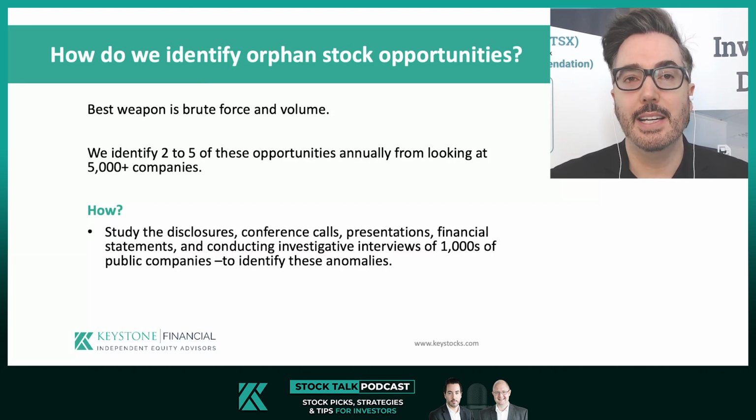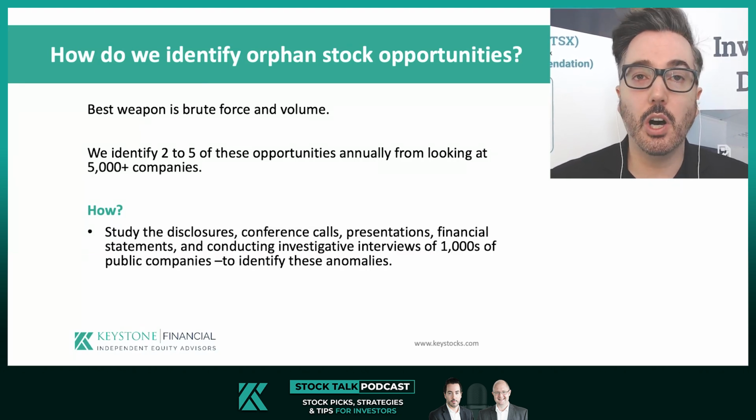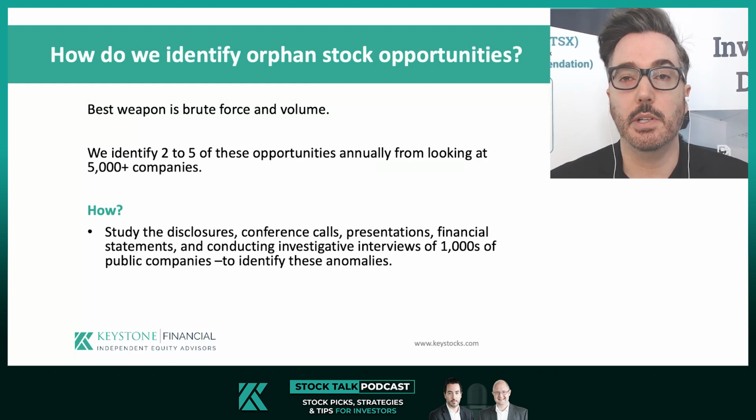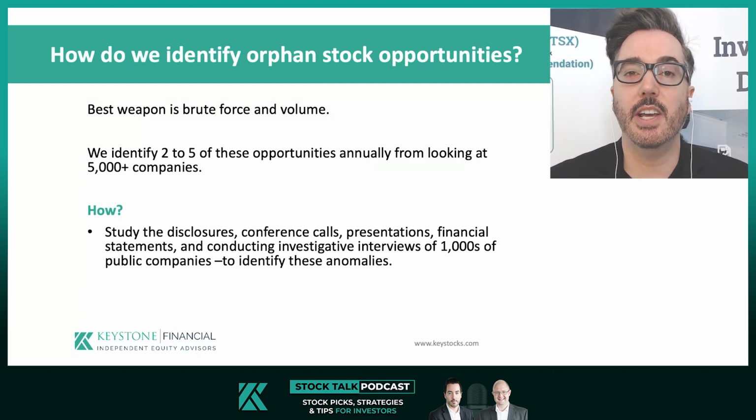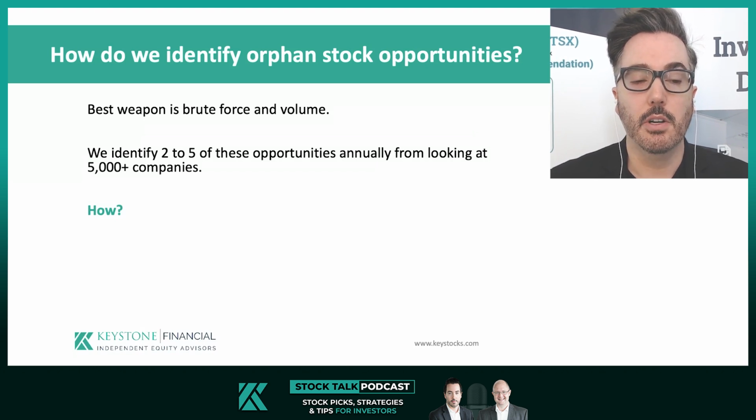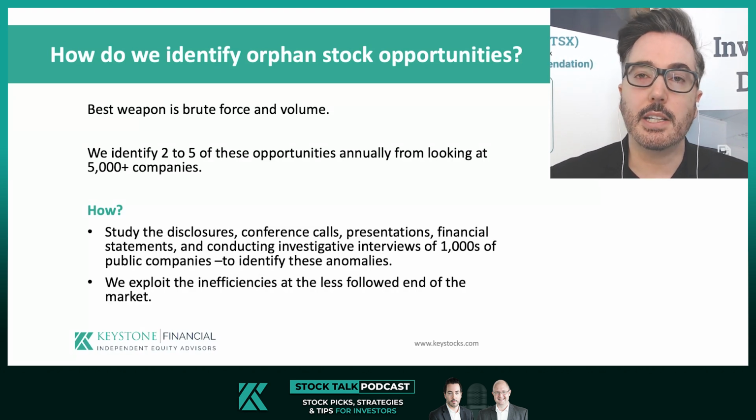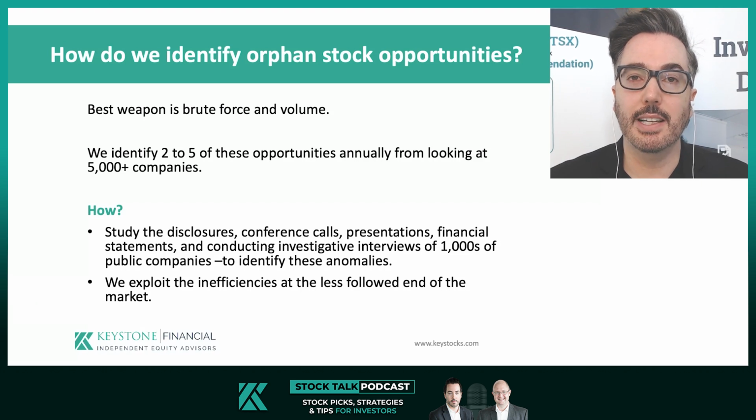You want to study the disclosures, conference calls, presentations, financial statements, and conduct investigative interviews when potential catalysts present themselves, across thousands of public companies, essentially to identify these anomalies before they are broadly identified. What we want to do is exploit the inefficiencies at the less followed end of the market.